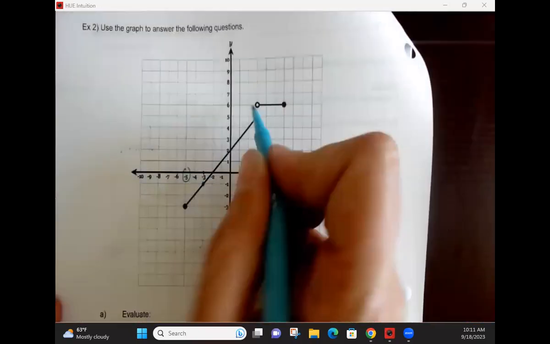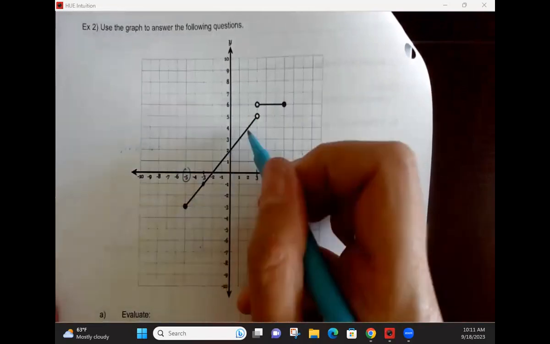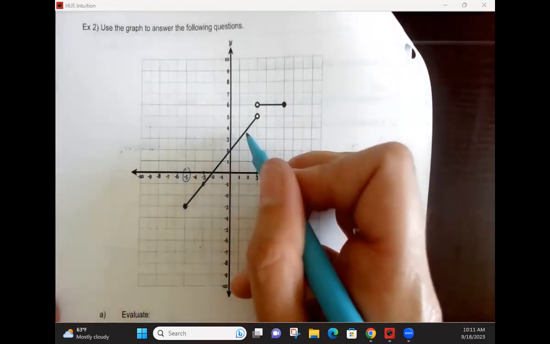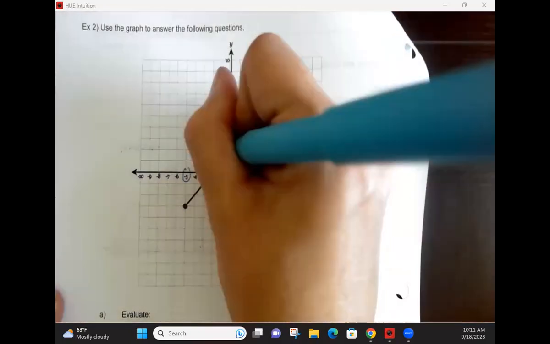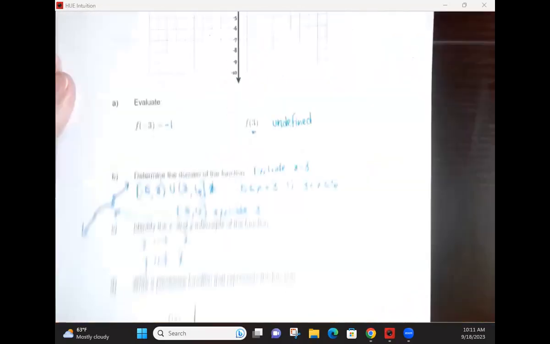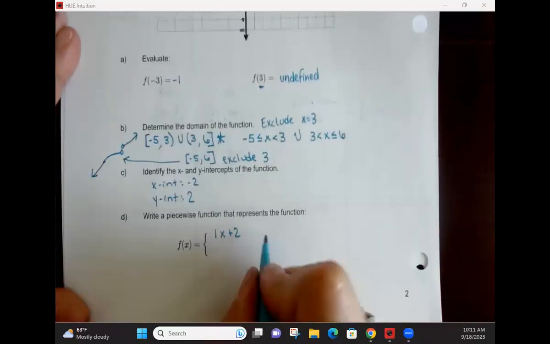Okay, so my sort of left piece looks like a line. What's the slope on this line? 1. So 1x, and then we can see the y-intercept. So I'm going to write slope-intercept form. So I have a piece that's 1x plus 2. And that applies to that first part of my domain here, from -5.